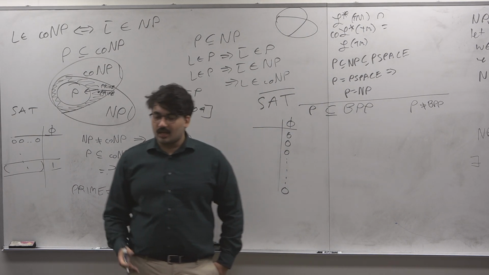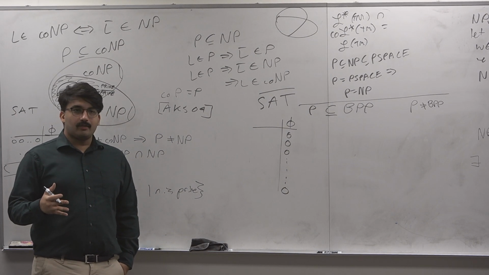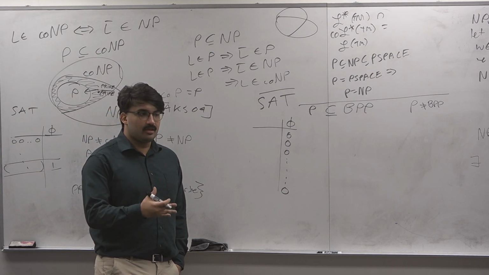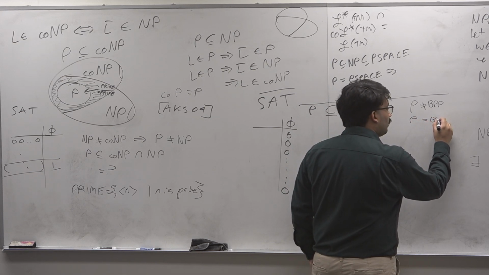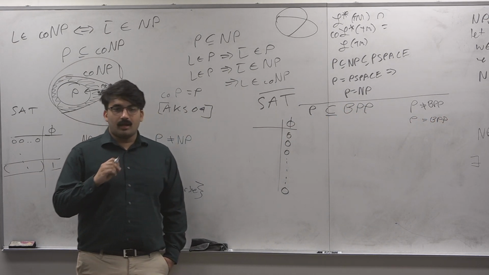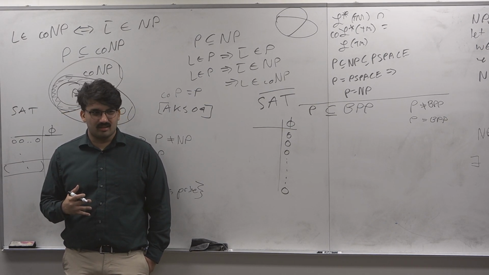In order for you to say P does not equal BPP, you must claim randomized algorithms are better. And that appears to be the case in terms of what we experience. If you were to claim P does equal BPP, you are asserting every randomized algorithm can be de-randomized. It's hard to see how that could work necessarily.